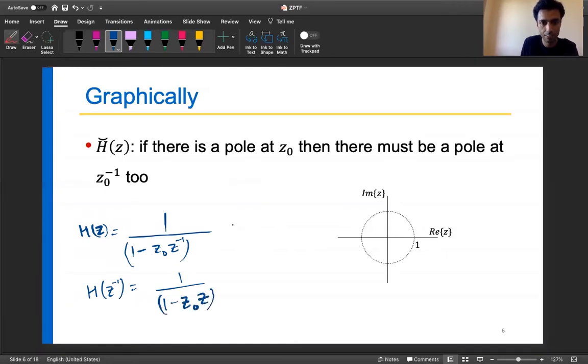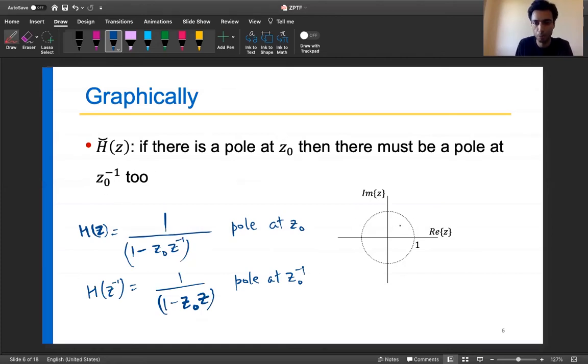So this one has a pole at, where is this pole? This is a pole at Z naught inverse, right? Because when my Z is equal to 1 upon Z naught, then this whole thing is equal to 0. So this means a pole at Z naught induces a pole at Z naught inverse.